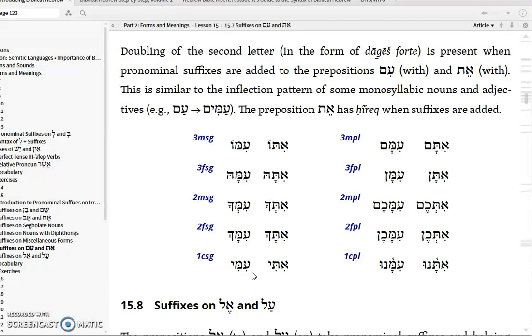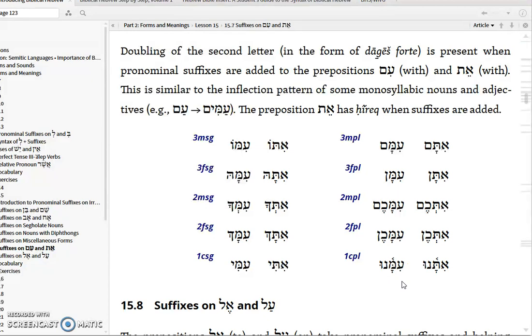He doesn't mention that there's a biform of this with a dalet, imadi, which means exactly the same thing. And then imam would be with them, iman would be with them women, imakem would be with you guys, imaken would be with you ladies, and then imanu would be with us.